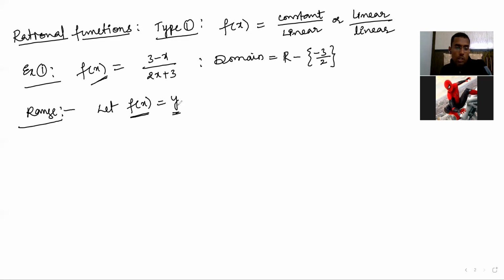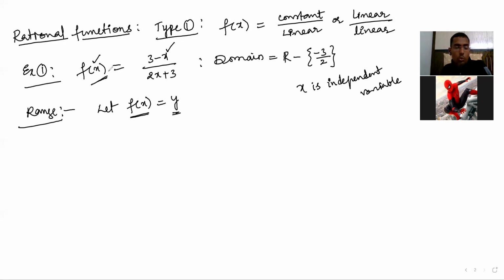Here x is called the independent variable or input. In a function, x is the independent variable. Y depends on x.